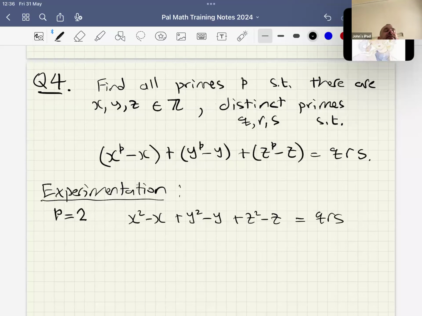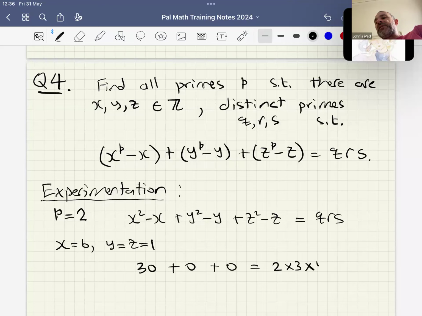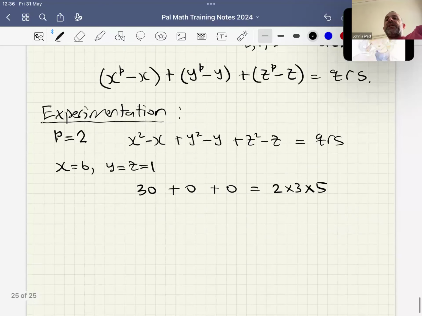And there's an obvious solution where you take x equals 6, y equals z equals 1, because then you get 30 plus 0 equals 2 times 3 times 5.